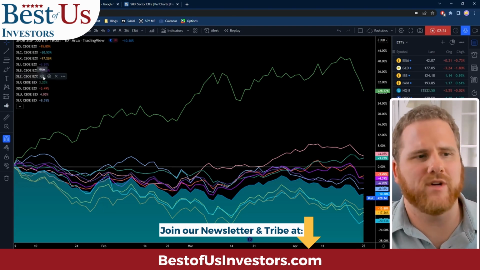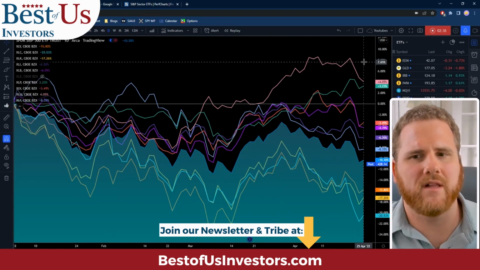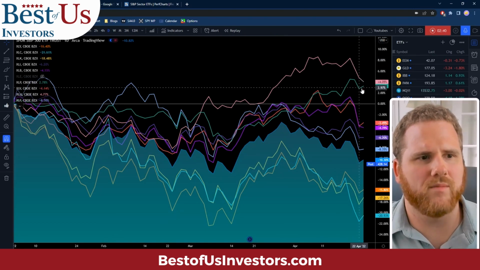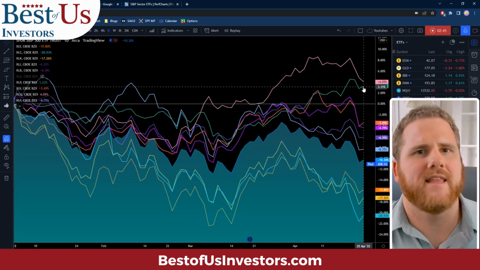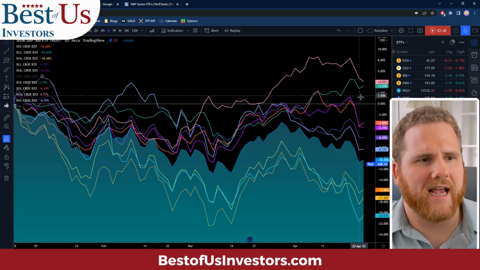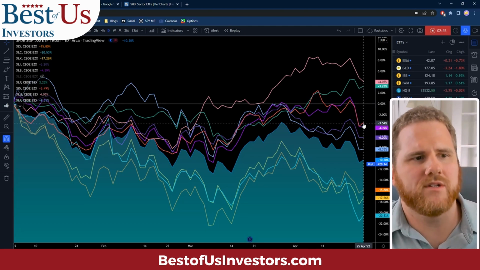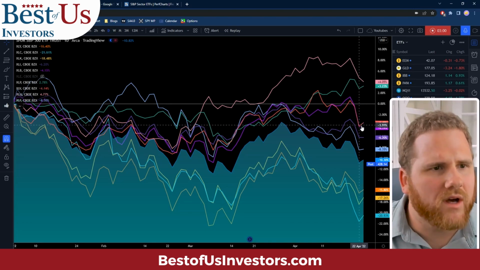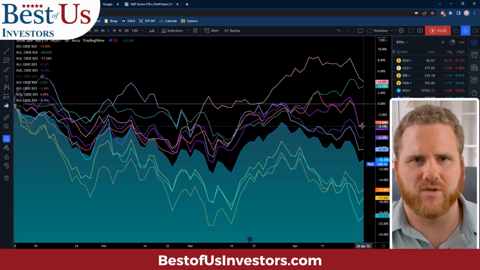Let's hide that real quick so we can see what else is leading in the last few months. Well, the pink line here is the XLU, that is the utility sector, followed by we'll call that teal, the XLP, that is the consumer staples. And then a little bit below it is red, which is the XLV, which is healthcare, followed by XLI, which I believe is industrials.